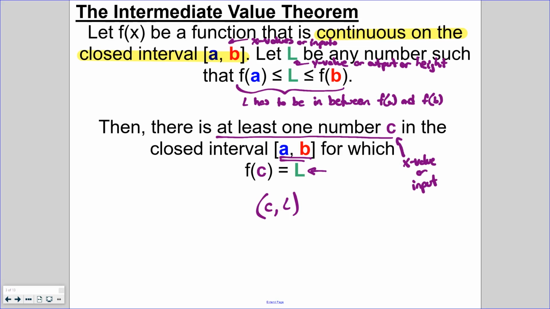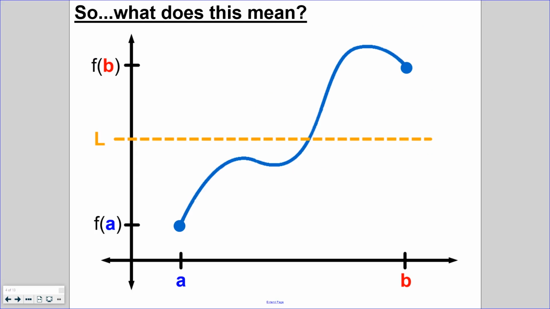But it's very precise, it's very detailed, it leaves very little to the imagination. But it's not very helpful of what the intermediate value theorem actually does. So let's go ahead and take a look at the graph to demonstrate this. So what does the intermediate value theorem mean?